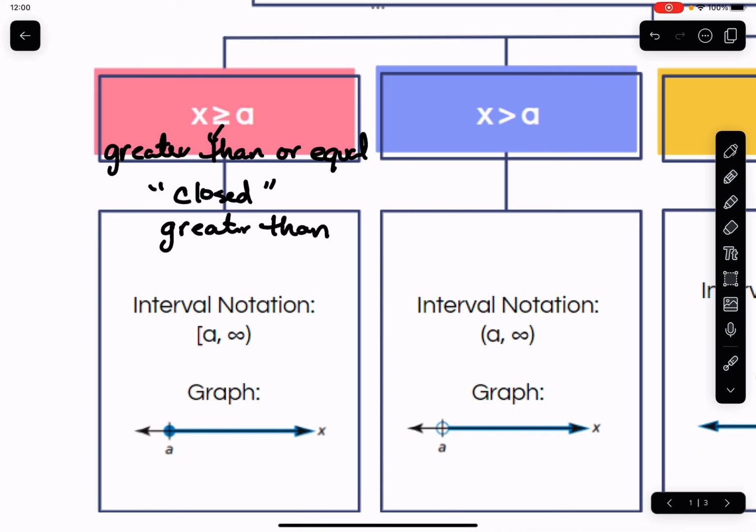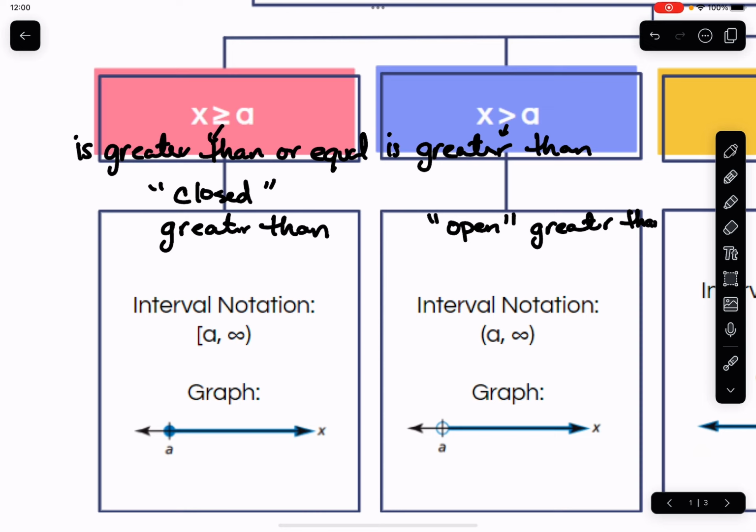And while the technical term for this inequality is simply greater than, I lovingly call it my open greater than. When we're using those symbols, our interval is going to have a closed bracket for the first and an open parenthesis for the second, in the respective location.